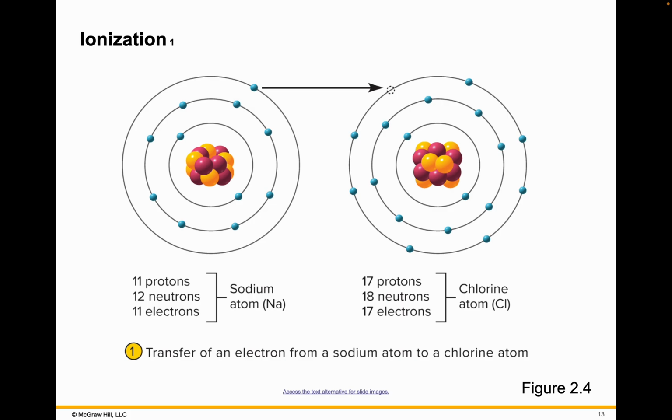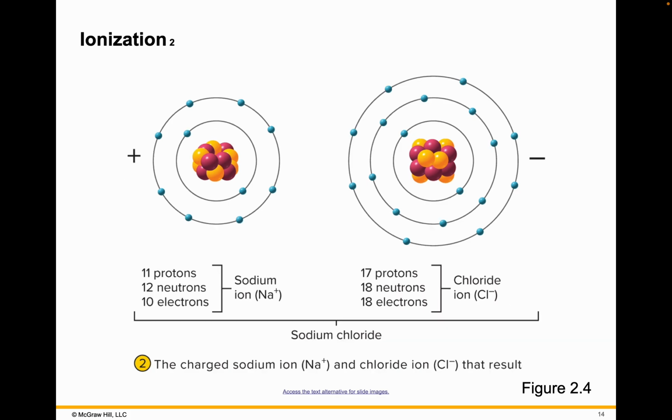And if chlorine picks up that electron, chlorine will now have 8 electrons in its outside orbit, and it will have a full outside orbit. So if sodium ionizes with chlorine, we end up with sodium chloride, table salt. Sodium has 1 less electron, chlorine has 1 more electron, but their outside orbits are stable.